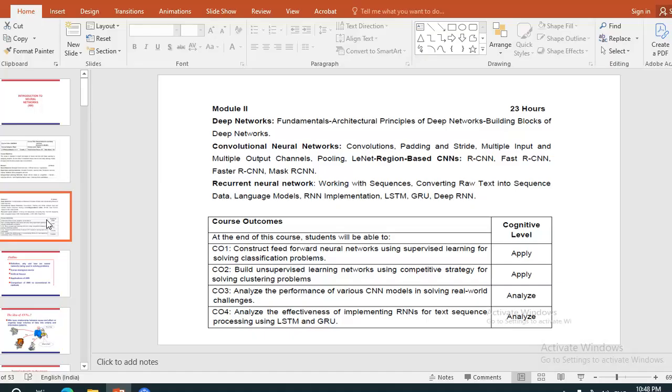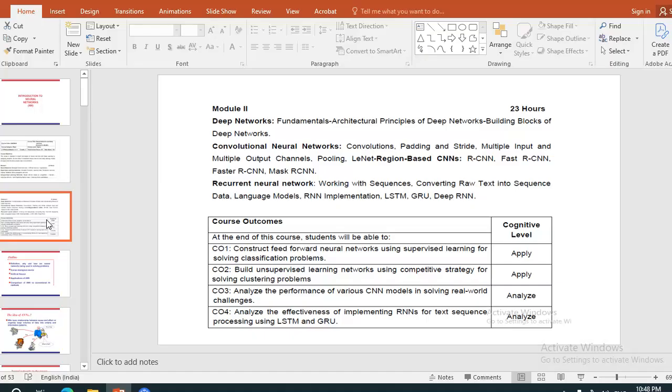After completion of this course, we will be able to construct feed forward neural networks based on supervised learning and solve classification problems, and build unsupervised learning networks using the competitive strategy for solving clustering problems. Then we can analyze the performance of different CNN models in solving real world challenges.